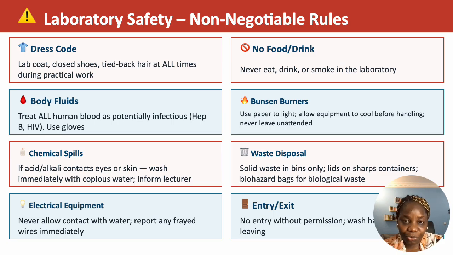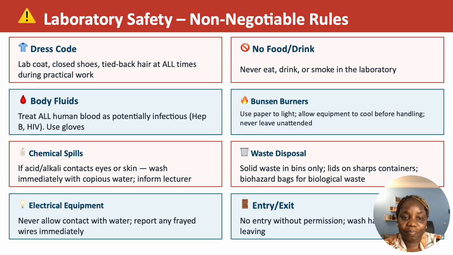So go through the following rules. The dress code: you need to have your lab coat, closed shoes, and tied back hair at all times during practicals. For body fluids, treat all human blood as potentially infectious. That means you need to use gloves all the time.